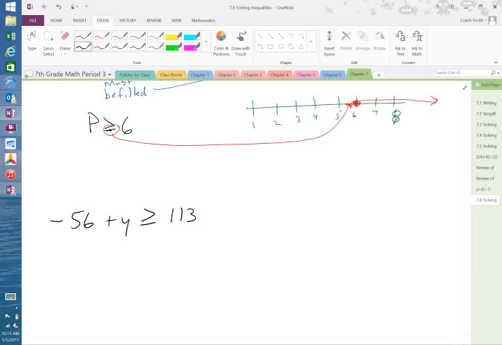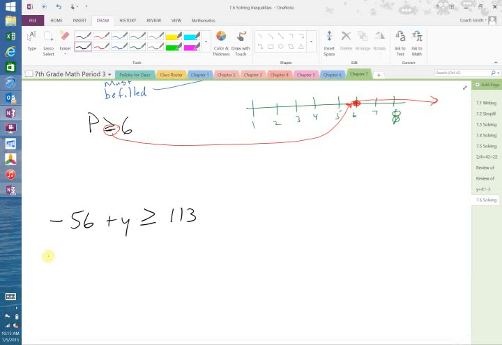Okay? Now, in this problem, what am I doing? In this inequality, what am I doing mathematically? What operation? Addition. And what am I adding to y? Negative 56. So the inverse of adding negative 56 would be to do what? Subtract negative 56.